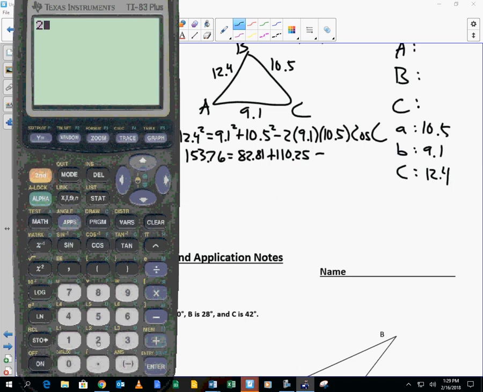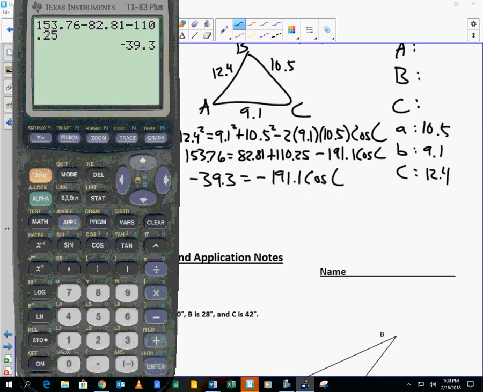Minus 2 times 9.1 times 10.5, 191.1 cosine of C. What do I do to solve? 153.76 minus 82.81 minus 110.25. I get negative 39.3 is equal to negative 191.1 cosine of C.